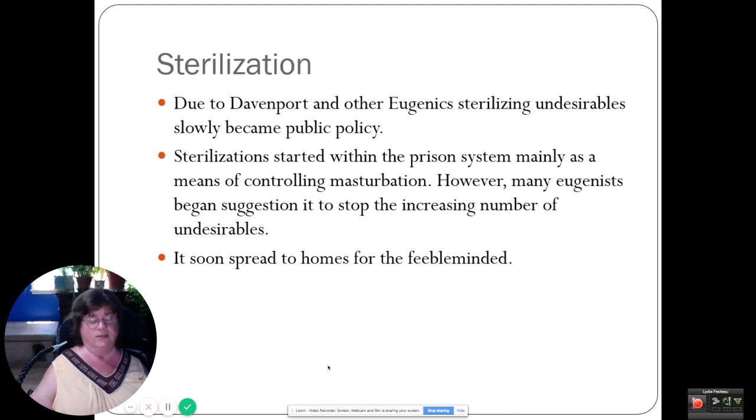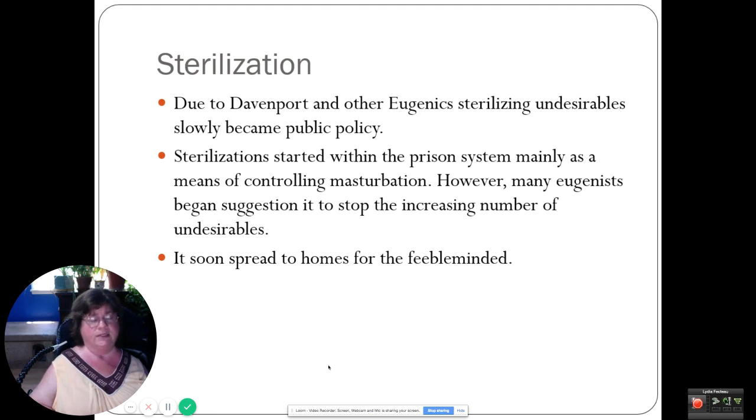The idea was that masturbation was wrong because men were wasting their seed. And then there became theories out there because masturbation was often seen in prisons due to the fact that these men were confined.